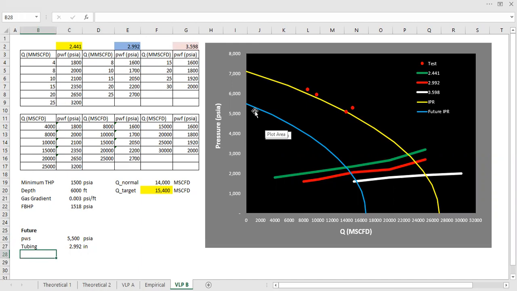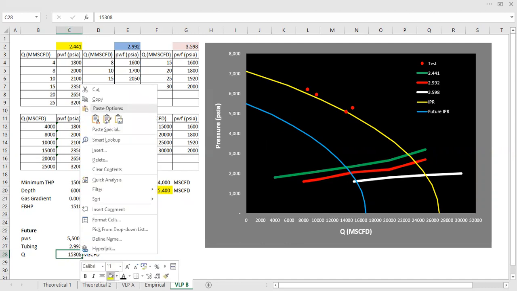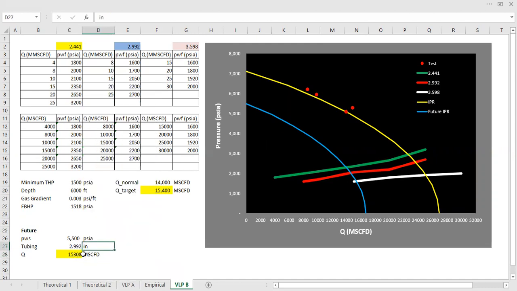the intersection between the future IPR and the VLP gives us flow rate of here 15,308 MSCFD, which is close to this 15,400, which means we achieve approximately 10% of production increase from the normal operating rate of 14,000.